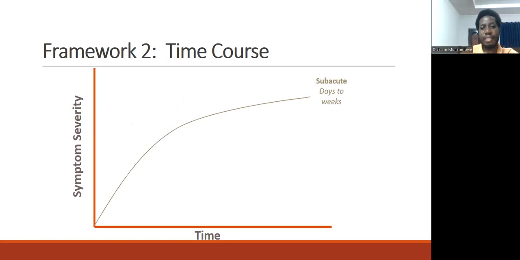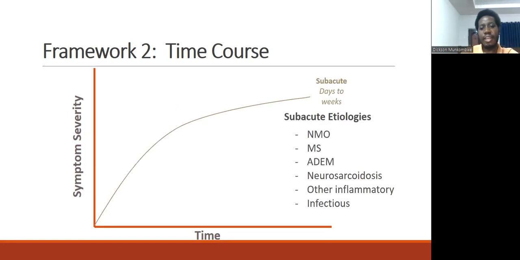In the subacute phase, you have mostly the demyelinating disorders and inflammatory ones. So that's neuromyelitis optica, multiple sclerosis, acute disseminated encephalomyelitis, neurosarcoidosis, and other inflammatory disorders such as SLE, as well as infectious etiologies.